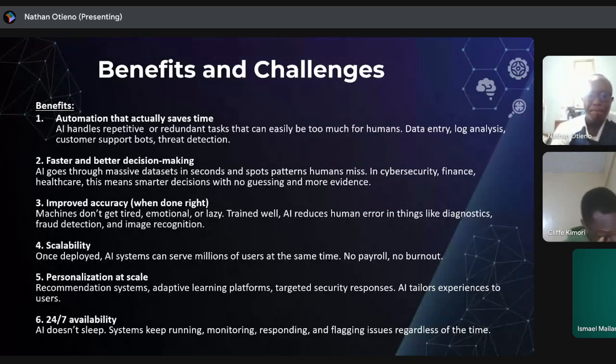No payroll, no burnout. Personalization at scale. Recommendation systems, adaptive learning platforms, targeted security responses, AI tailors experiences to users. The last one, 24/7 availability. AI doesn't sleep. Systems keep running, monitoring, responding, and flagging issues.